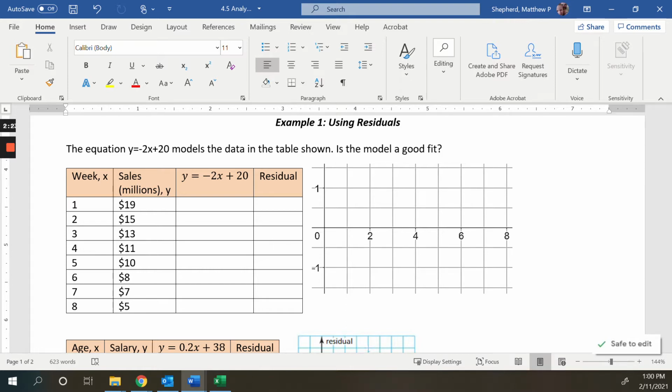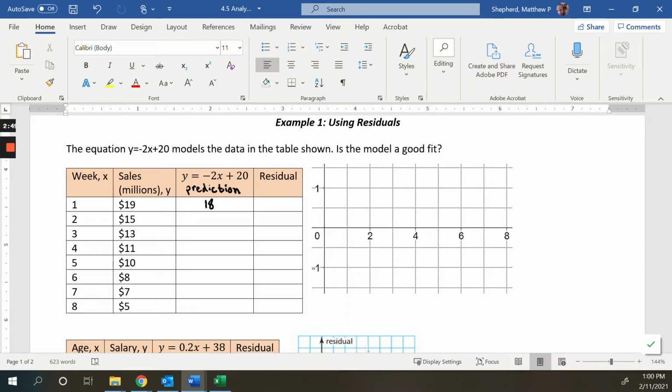All right, so let's go ahead and first figure out how far away our actual sales were from the predicted sales, the sales that our equation would have predicted. So let's see, -2 times 1 will be -2. -2 plus 20 is an 18.